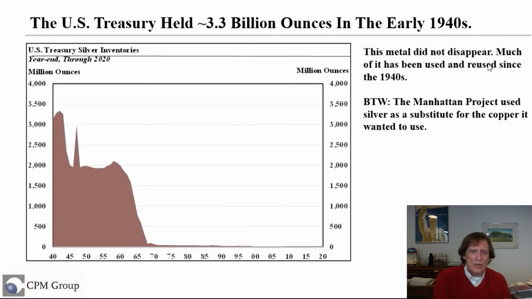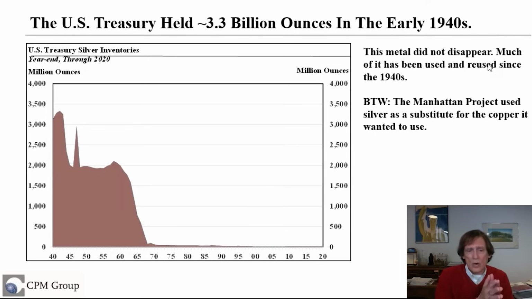But we have all this silver that we've collected through various silver purchase agreements since the 1870s. Use it. It wasn't that the scientists said, oh, only silver will work here. They said, we need copper. And the government said, well, you can't have copper, but you can have all the silver you need because look at this.